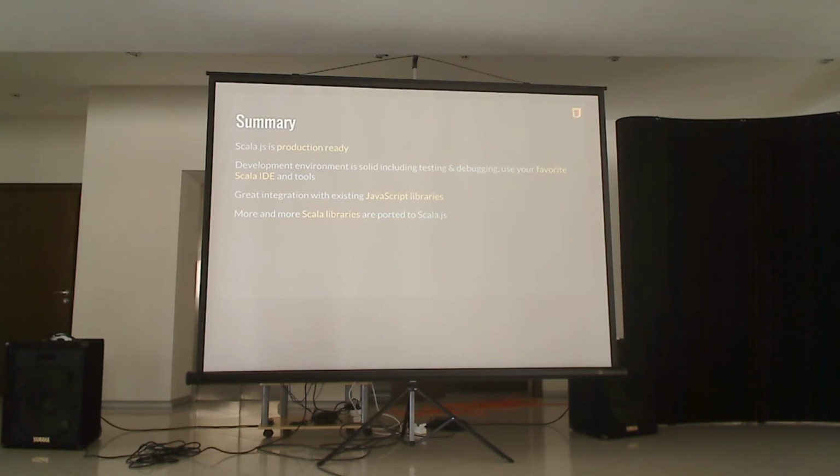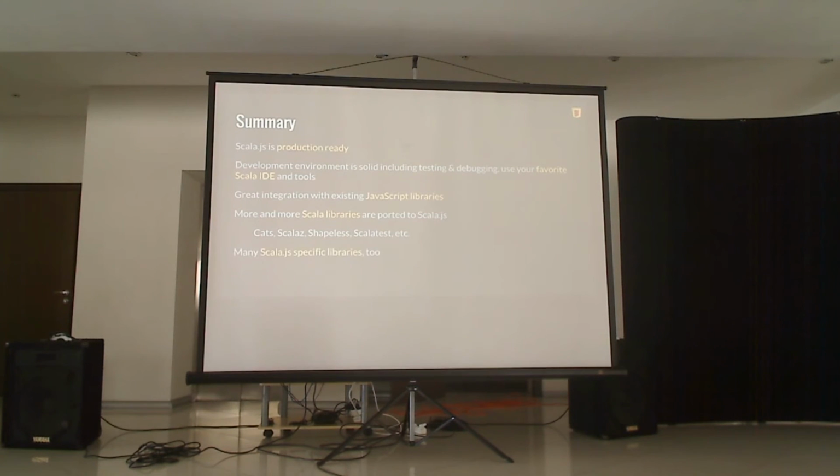Typically, if you have a normal Scala library that doesn't have a lot of dependencies or doesn't use reflection, you just have to enable one plugin in your build file, and then you suddenly have a Scala.js compatible library. So we have seen examples like Cats, Scalaz, Shapeless, ScalaTest. All of these, let's say, big mainstream libraries are already working on top of Scala.js as well.